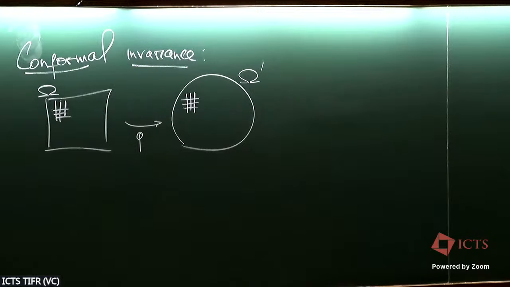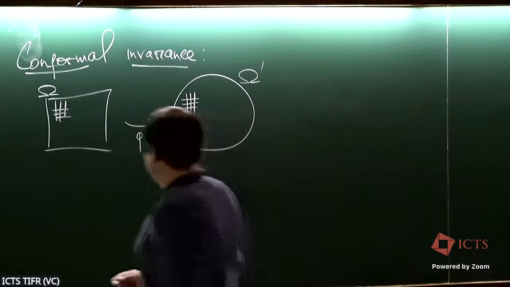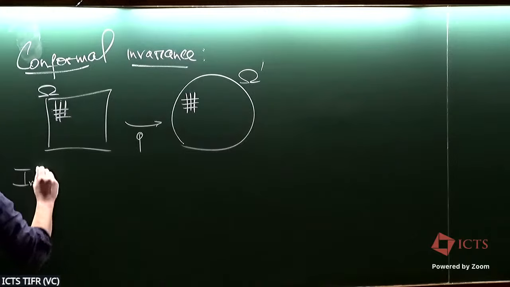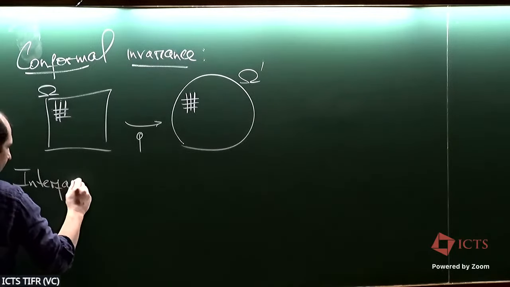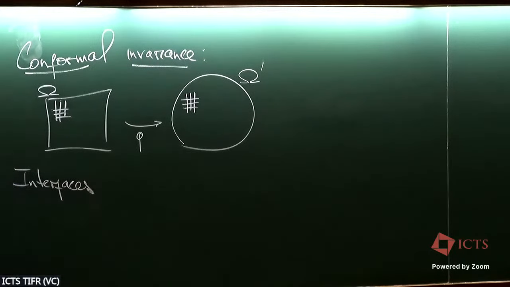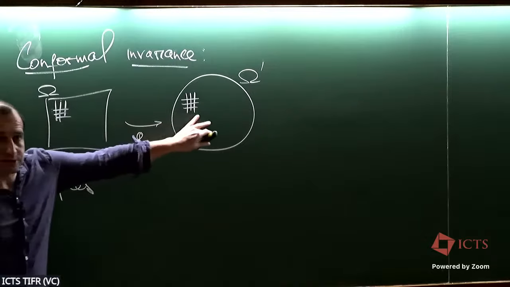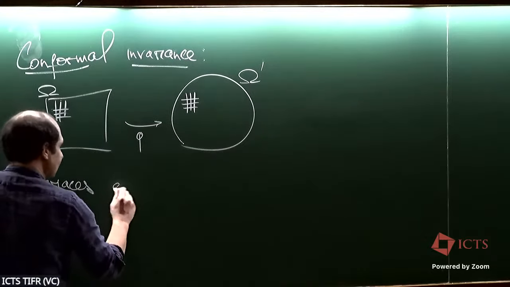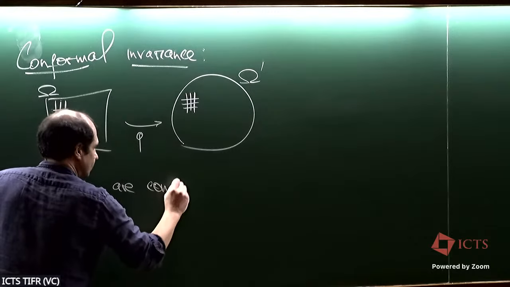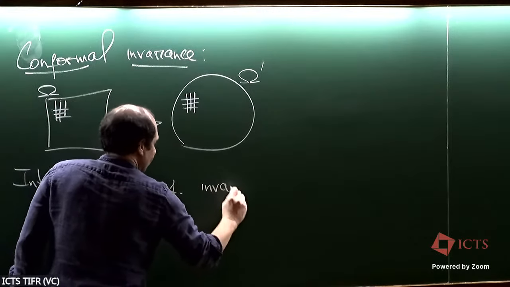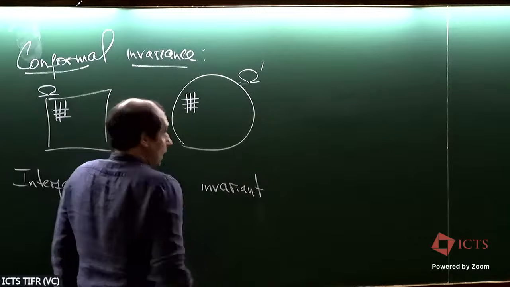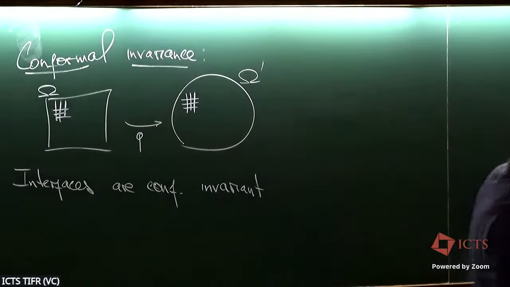And conformal invariance says that if I think about interfaces, then the image of this measure is just the measure there. And this is what allows eventually to classify them.